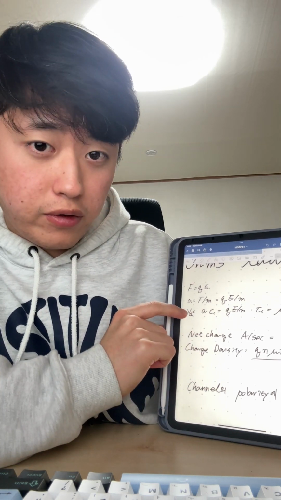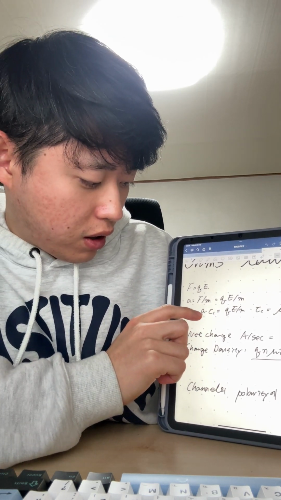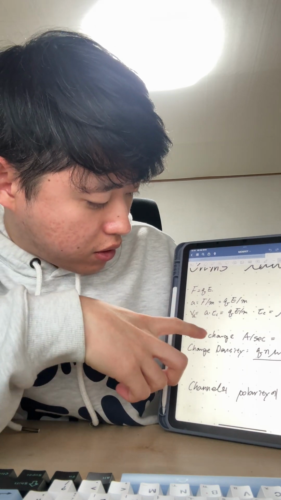And this drift velocity is the acceleration.